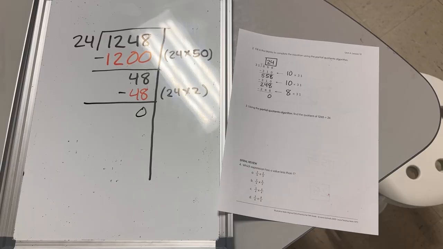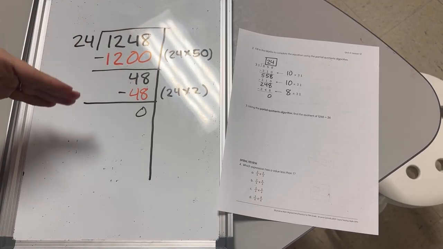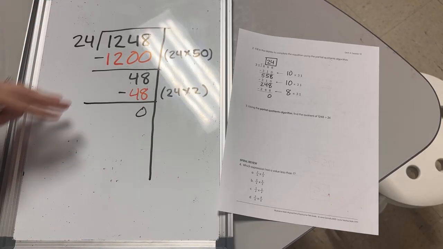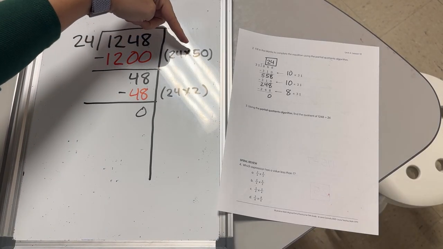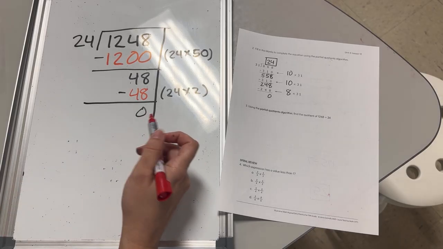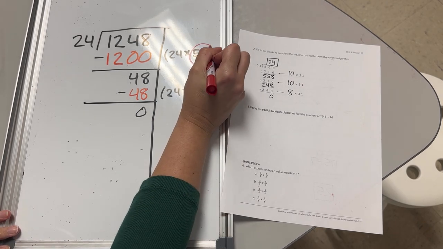Now, if you did not know what 24 times 50 was by using that halving and doubling logic that I just used, you could have started with 24 times 10 or 24 times 20 and just worked your way up to that 50. Now that I have myself at 0, I'm going to look and see how many groups I have.